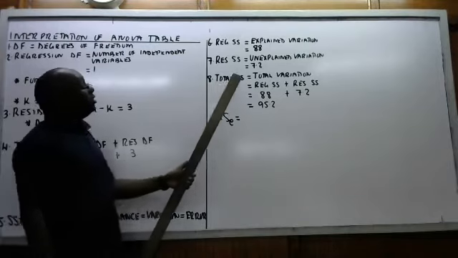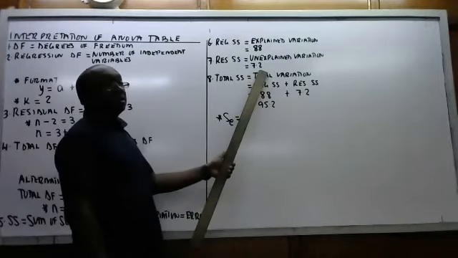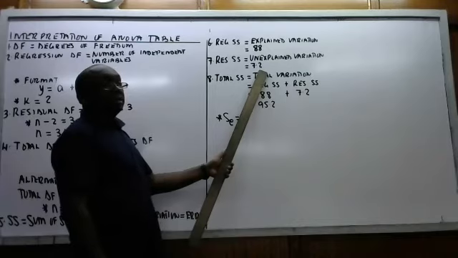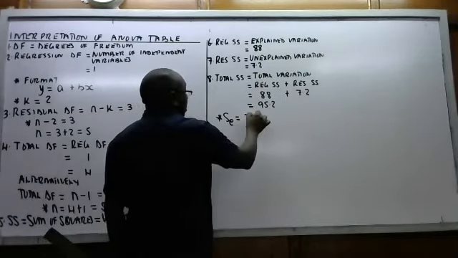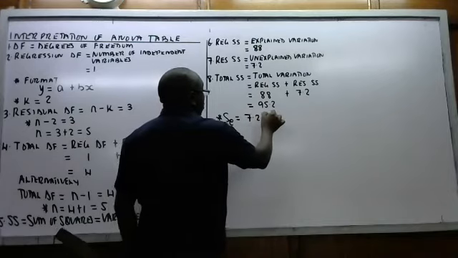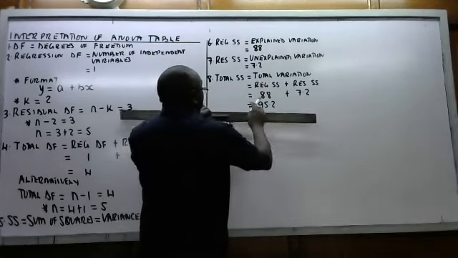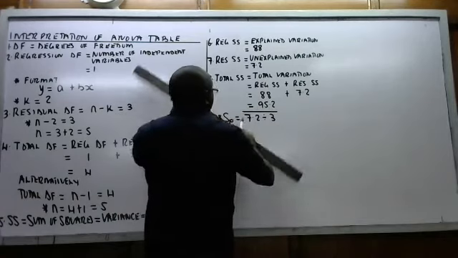And then we know the unexplained variation, 7.2. So the standard error of estimate, you will say it is 7.2. You divide by 3, and the answer you get, the square root.